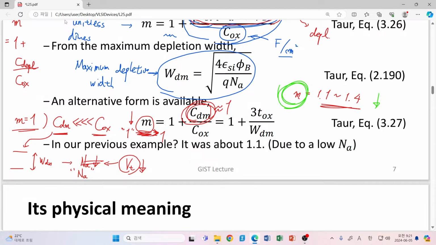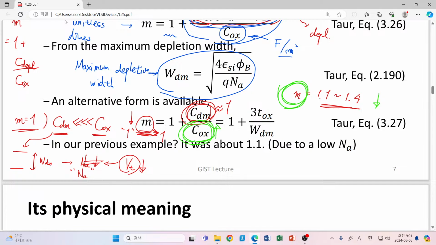Of course we have the opposite direction to reduce M values. Can you imagine? Up to now I have explained the way to reduce this CDM value as much as possible. However, we have to try another way. Another way is shown here. If we can increase oxide capacitance, then that is also directly affecting to reduce our M value.